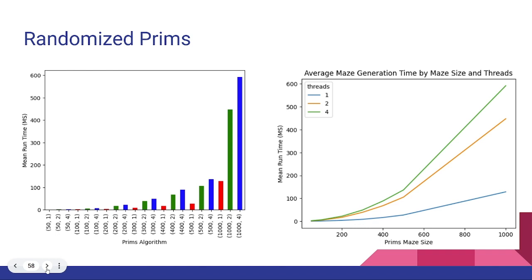Then on the graph to the right, which shows the line graph, the mean runtime gradually increases for the sequential version, but the parallel ones have a much steeper increase.